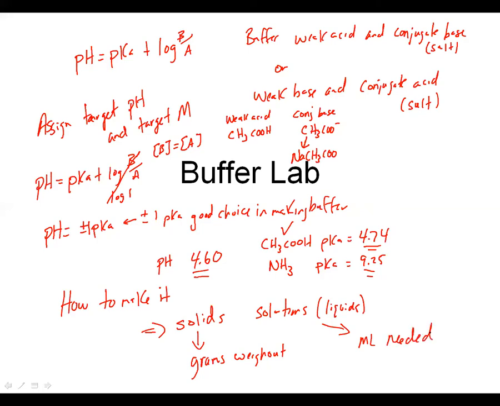So again, the first part here is going to be, you need to select what would be a good weak acid or weak base to make my buffer out, along with its conjugate partner. Then you need to do some calculations, which we'll talk about in just a second here, as to figure out physically, if you were going to make this buffer, how much you need to weigh out if it's a solid, how much to measure out if it's a liquid.